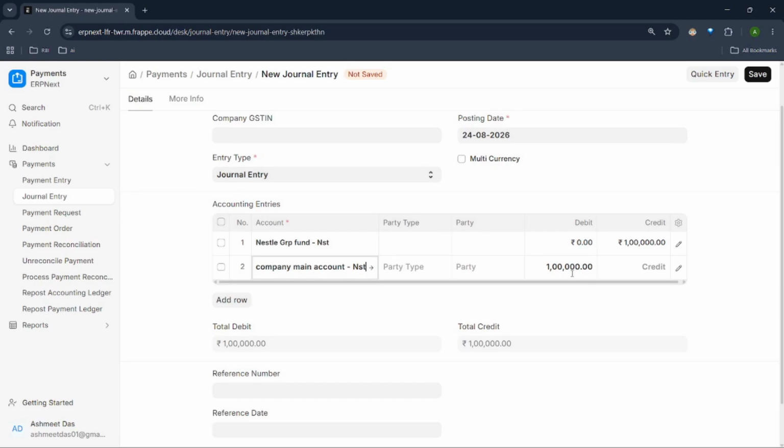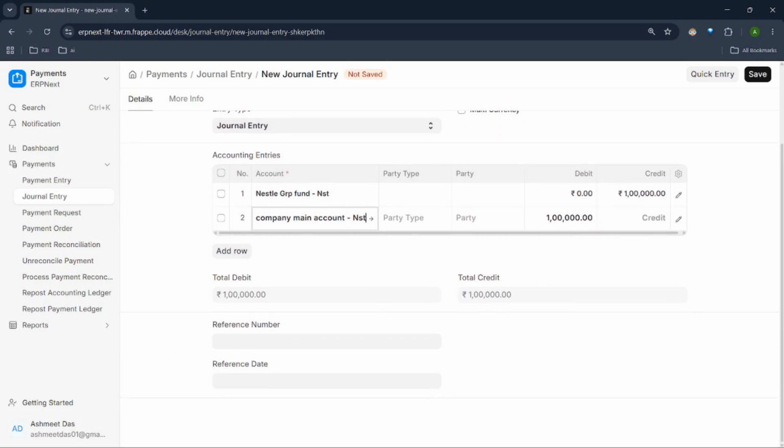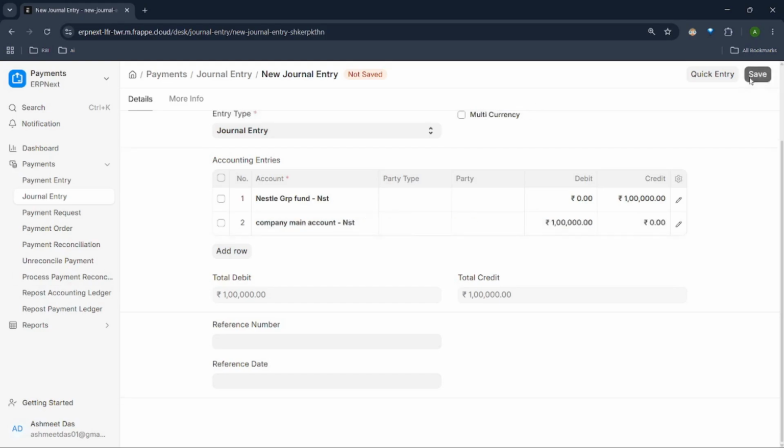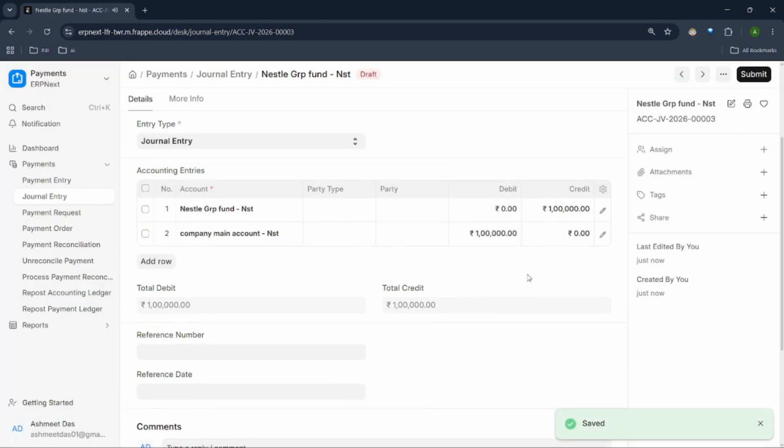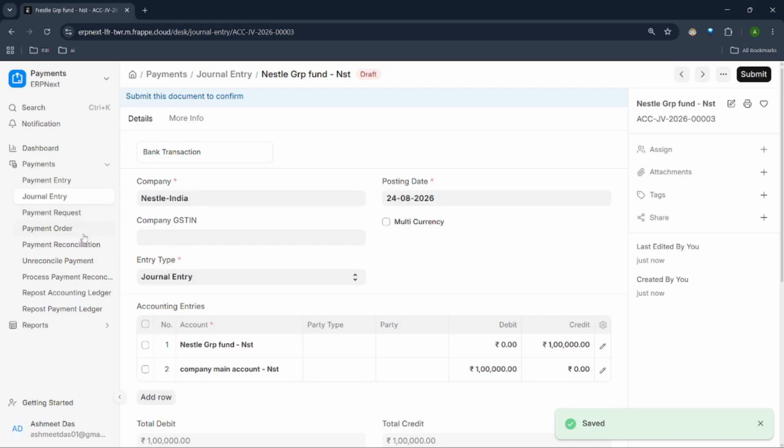It automatically adds the amount of money because in accounting, we follow a strict rule where every entry must show where the money comes from and where the money goes. Basically, the total amount of credit should always be equal to the total amount of debit. Here we save our transaction. This is generated.